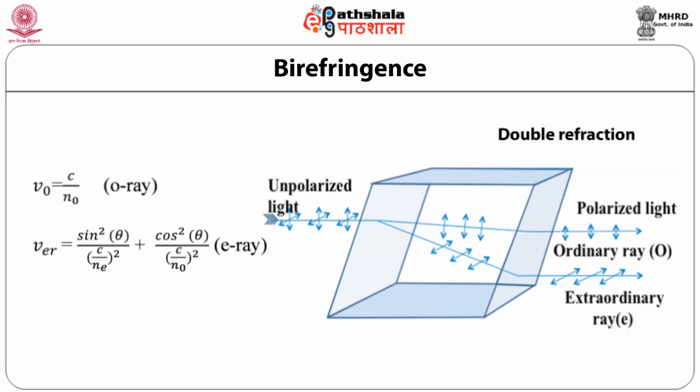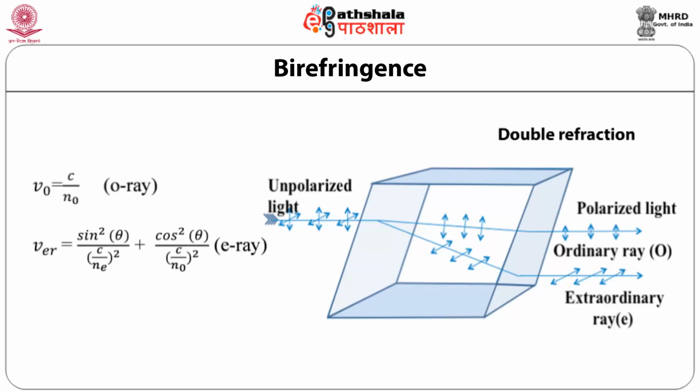The velocity of the E ray is different in different directions. Substances like quartz and calcite exhibit different properties in different directions and are generally called anisotropic substances. The axis along which the two velocities are equal is known as the optical axis of the crystal. In a crystal like calcite, the two rays have the same speed only along this direction.